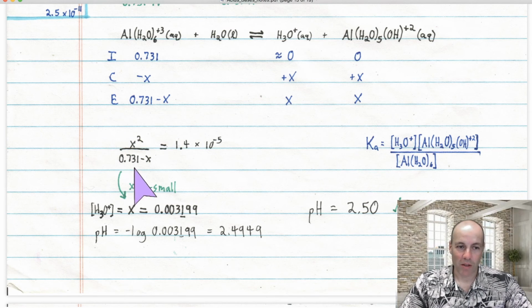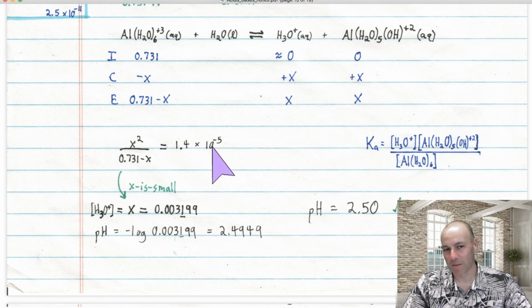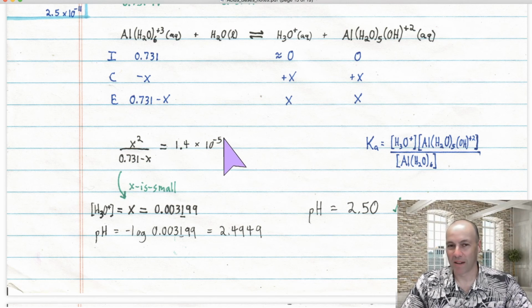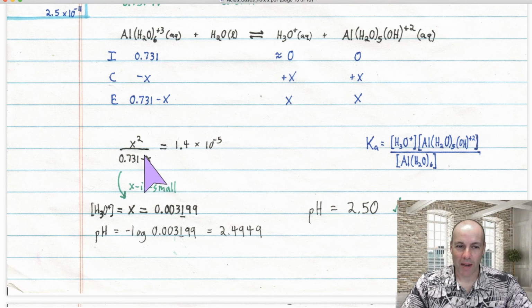And this is the equation that you're left with. So you can use the X's small approximation to solve this, because 0.731 is more than 1,000 times bigger than the equilibrium constant. This is about 10 to the minus 1, that's 10 to the minus 5, 4 orders of magnitude. So it's safe to ignore that X right there, and it makes it simpler to solve.